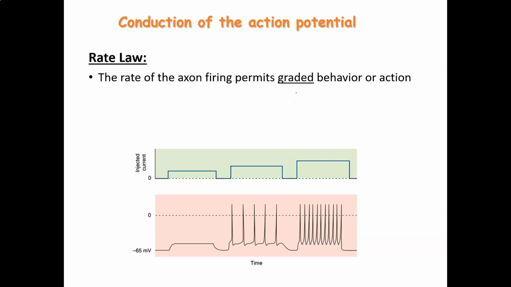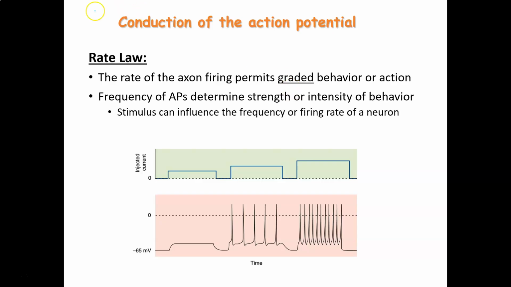We know that we want to use more force to lift something heavy, right? And so we want those neurons to fire really, really fast compared to when we're lifting something lighter. We want that neuron to have action potentials less frequently. So the frequency of the action potentials determines the strength or intensity of the behavior.